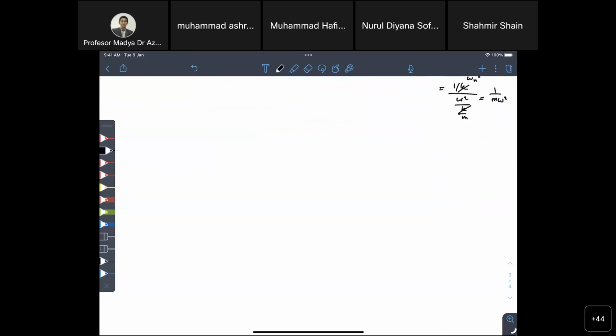In free vibration, you have the bar, and let's say this is the center of rotation here.